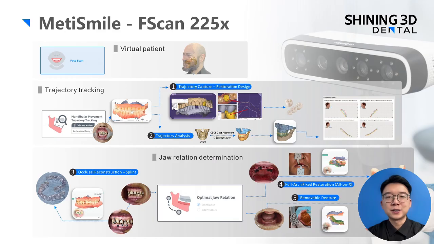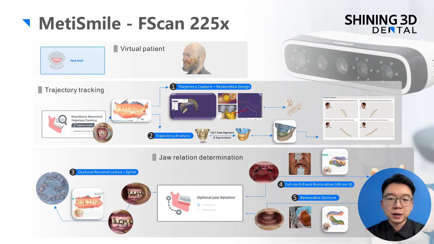Through several clinical cases of jaw motion, we will demonstrate the workflow of the new features of the FScan 2.2.5.4 software. As you can see from this page, we can use the software to do virtual patient scanning, like the simplest workflow for the MetiSmile face scanner. For the second session, we have the trajectory tracking, and we will explain that in detail in the following slides as well.